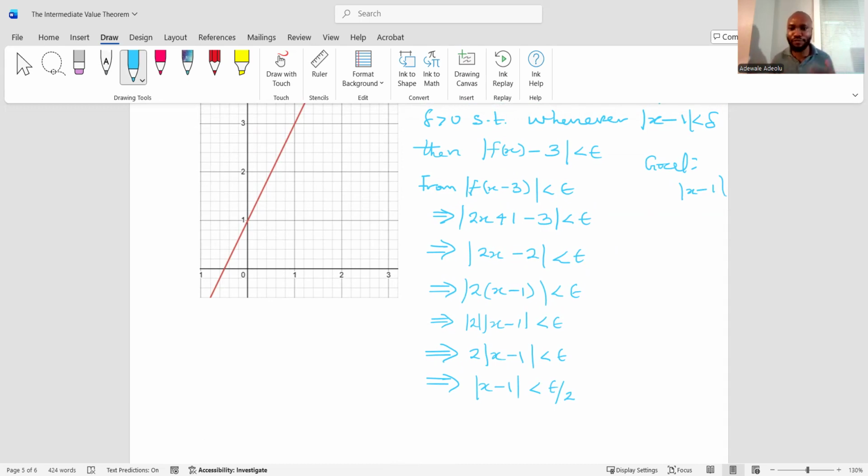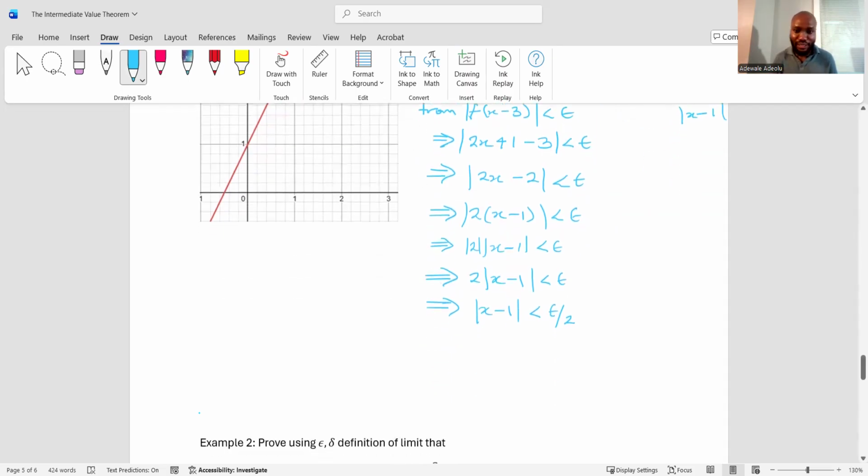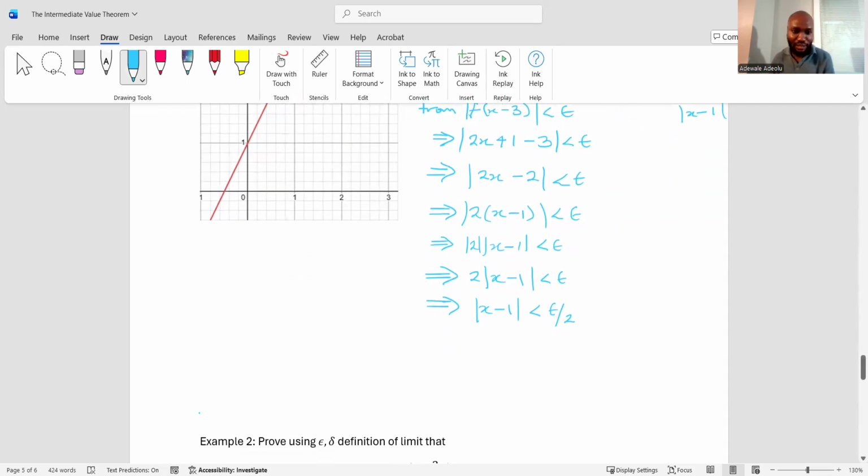So we won't be doing something much more complicated. Okay, so now that we know that, we can claim that thus we need to choose delta equals epsilon divided by 2. That is it. So that is the value of delta.